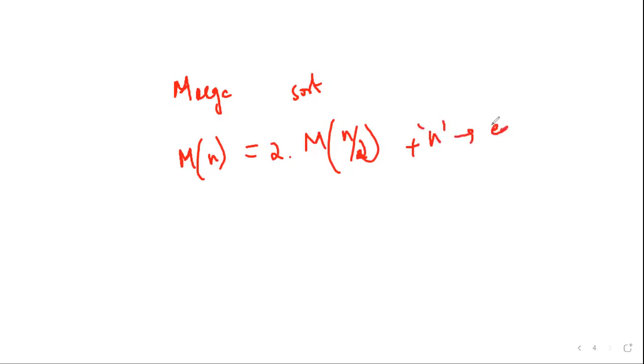So the extra operations will be required as n. What is this n? Each element is compared n times to give it its original position. So that is why the extra operation over here is n. So this is with respect to divide and conquer recurrence relations.